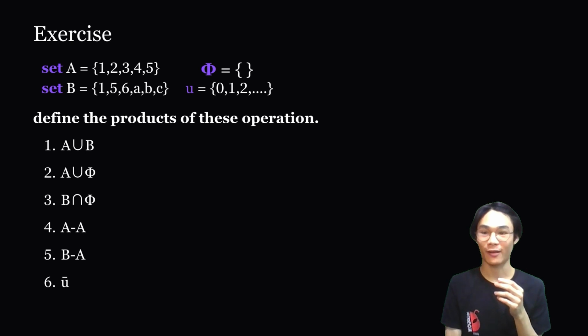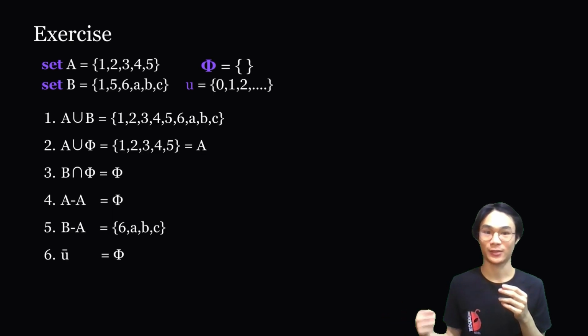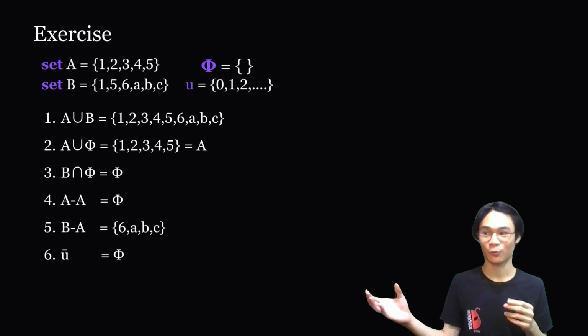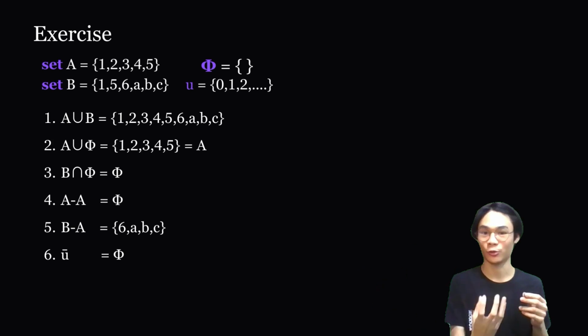Okay, I suppose you all have done your exercise and this is the answer. I hope you understand it, and it's going to be a bit tricky when you perform these operations on things like empty sets or the universe.